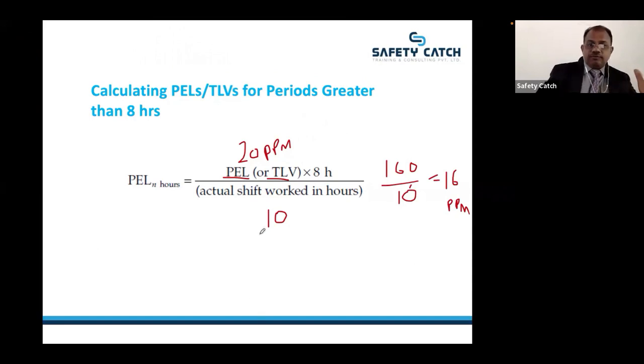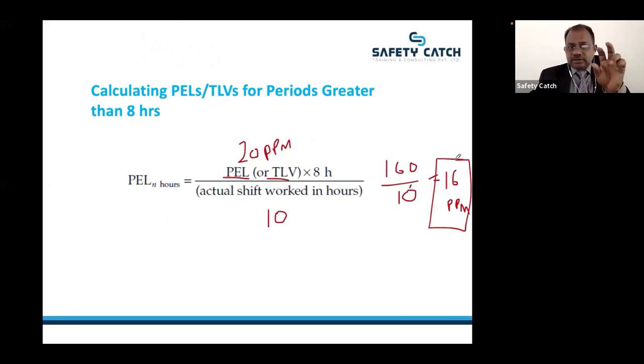This is shifting of the PEL or permissible exposure limit, or 8-hour TWA, like LTEL. Your LTEL given for 8 hours was 20, but your person is working for 10 hours. So 20 into 8 by 10 gives the revised value of 16 for that person. So that person's gas monitor will be calibrated to 16. If it crosses 16, it will start giving you the alarm.